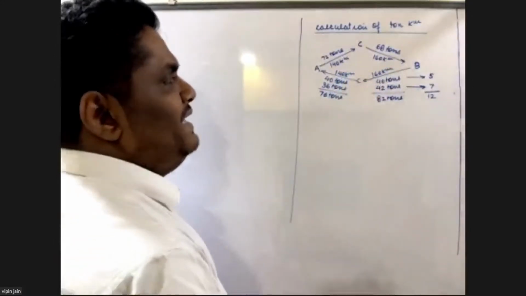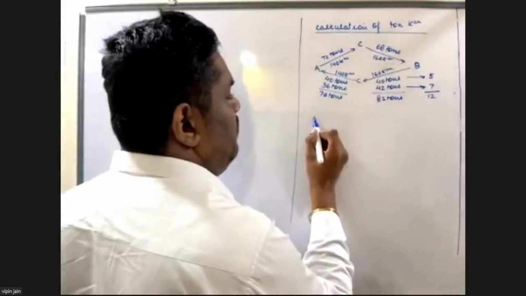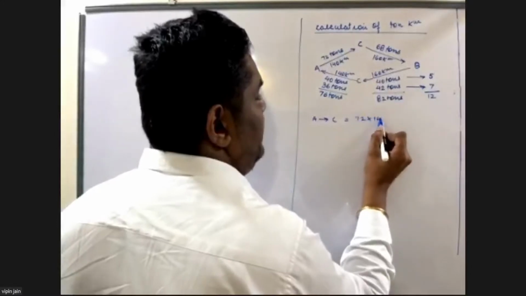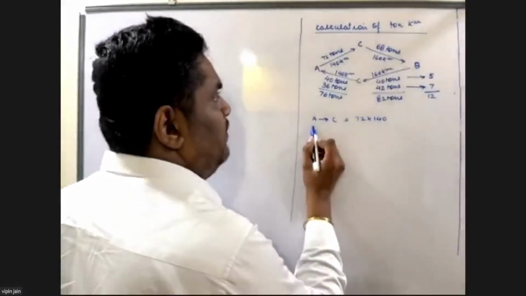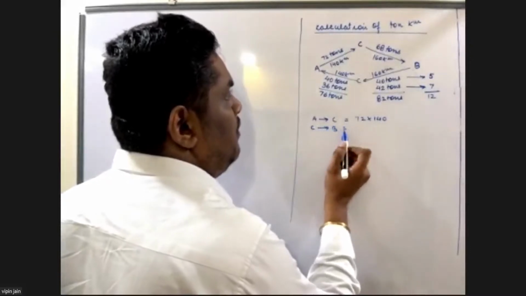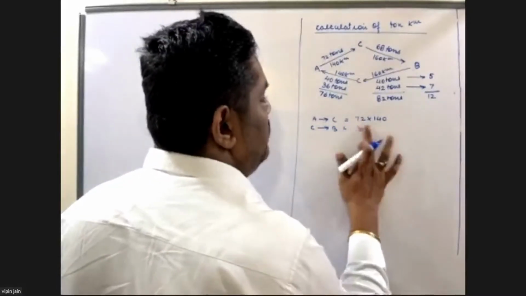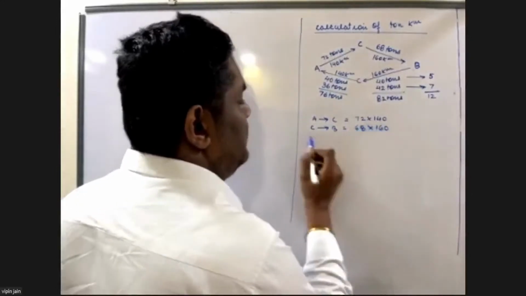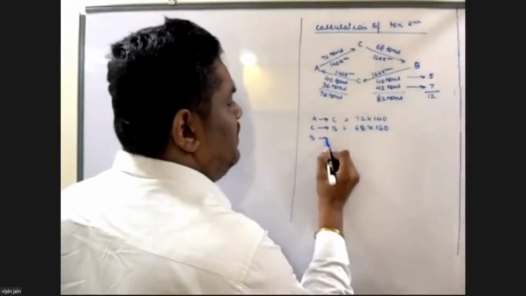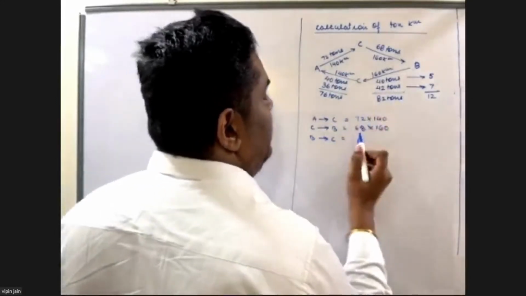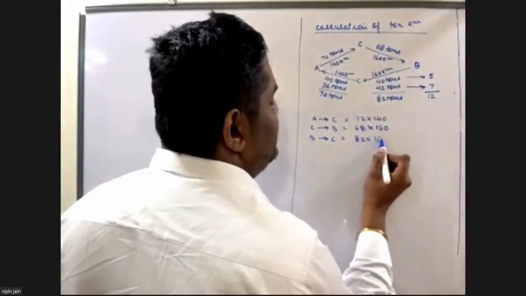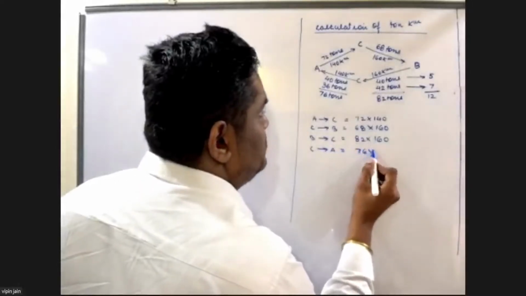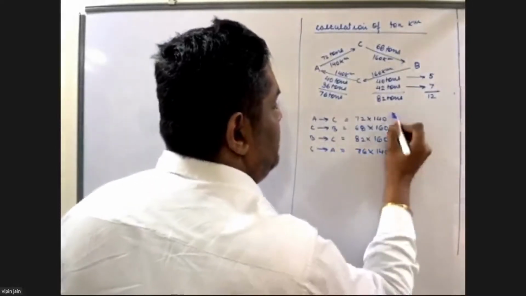So now we can easily calculate the weighted average, wherein from A to C, 72 tons were transported and the distance traveled is 140. From C to B, again, 68 tons were transported and the distance traveled is 160. From B to C, in the return journey, 82 tons were transported for 160 kilometers, and from C to A, 76 tons were transported for 140 kilometers.